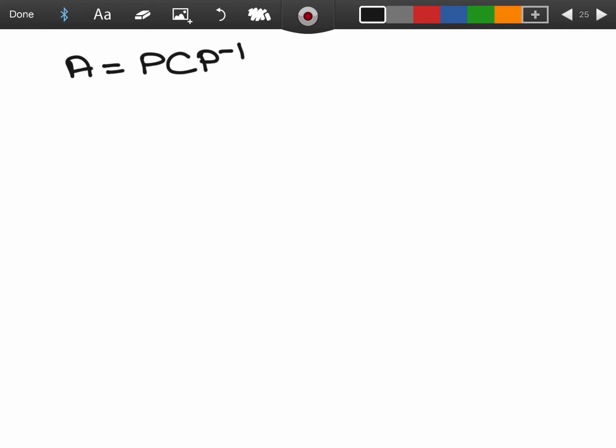Then A is similar to C. So as long as I can find this invertible matrix P such that P C P inverse is A, then I know that A and C are similar. The proof still holds for this. It just means that my B matrix for T may not be diagonal. It may be some random matrix that is just similar to A.